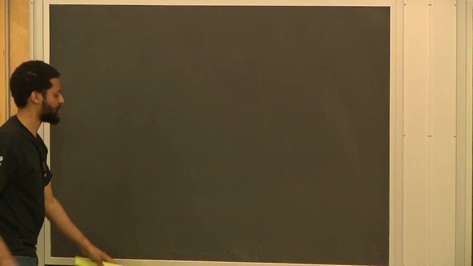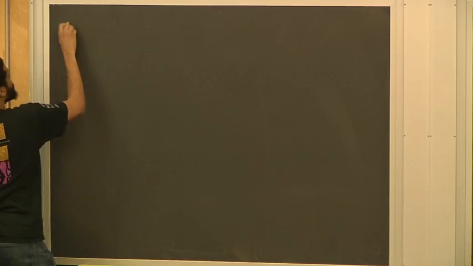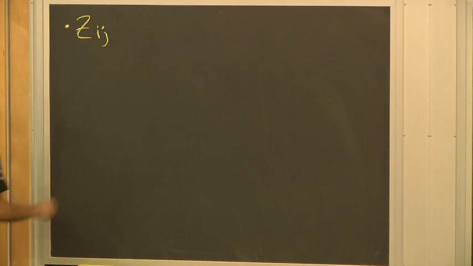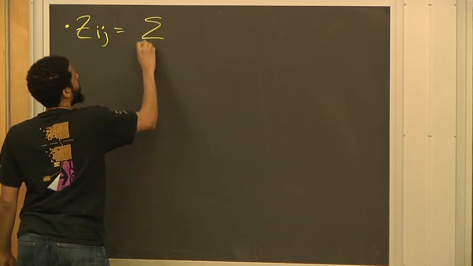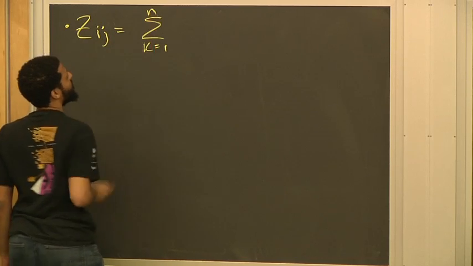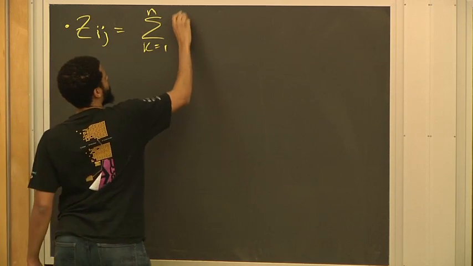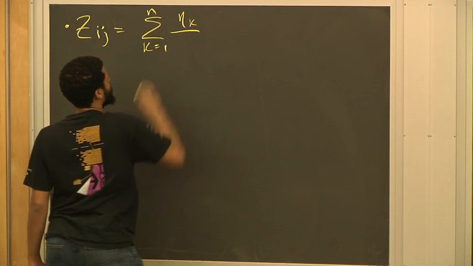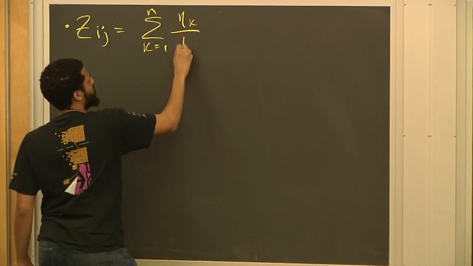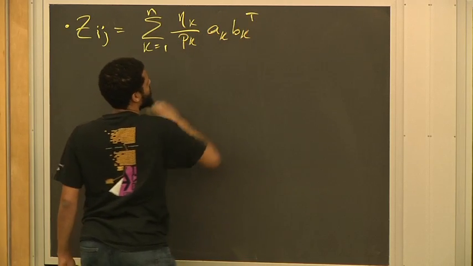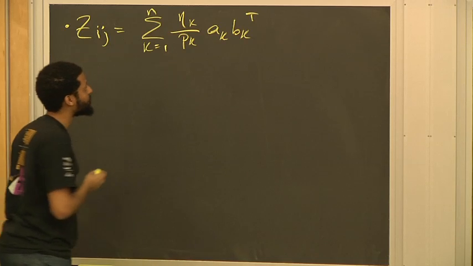So let's calculate this. Zij is equal to the sum over k from 1 to n of eta k over pk times (ak bk transpose) ij.